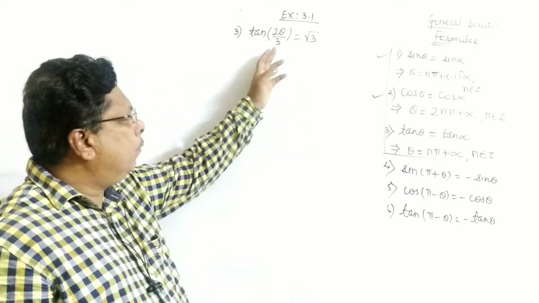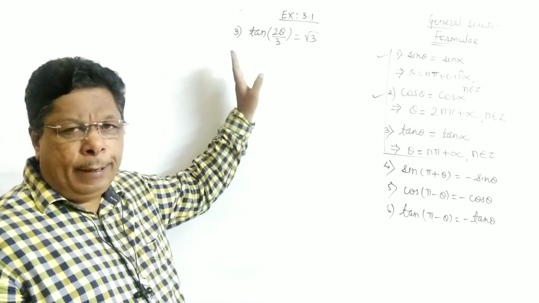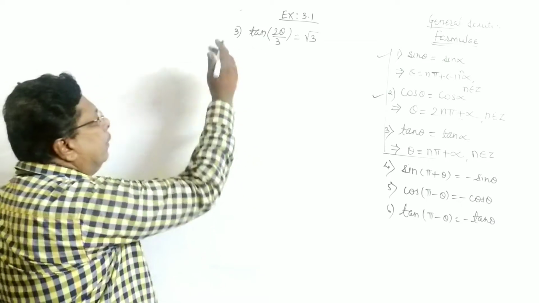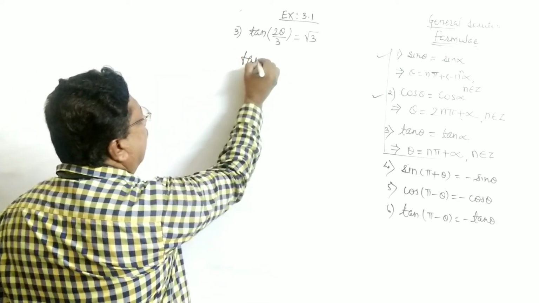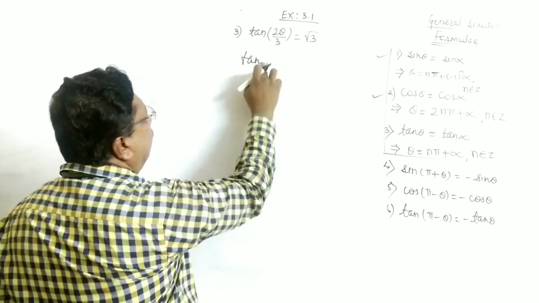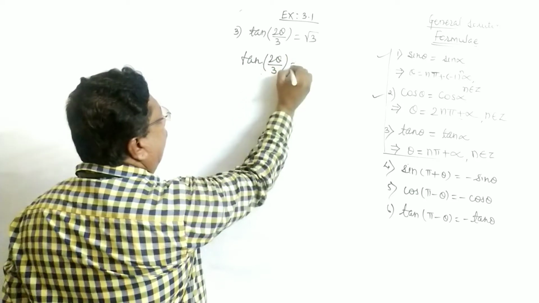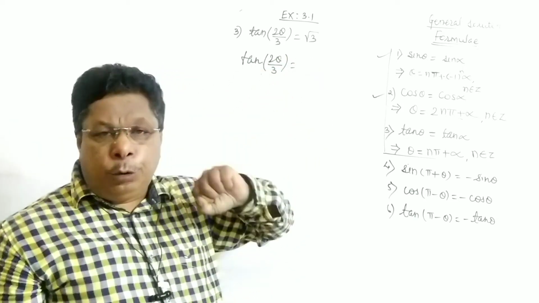Tan 2 theta upon 3 equal to root 3. Question is find the general solution of this trigonometric equation. We have to find the general solution. Now see the given equation, tan 2 theta upon 3 equal to root 3. From this we can write tan 2 theta upon 3 equal to, for which angle is tan theta root 3?